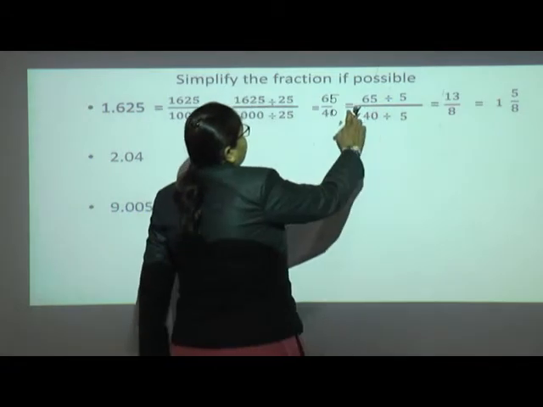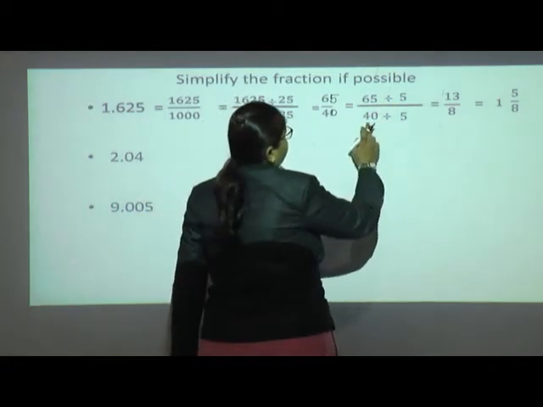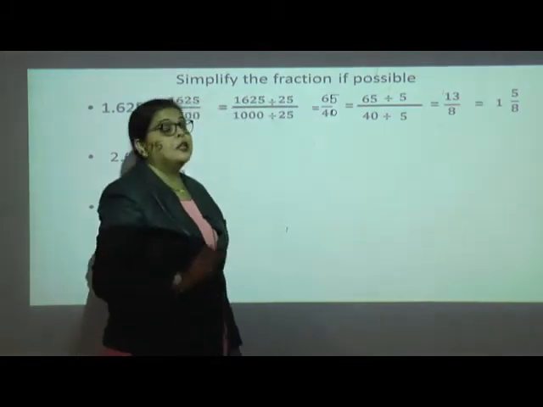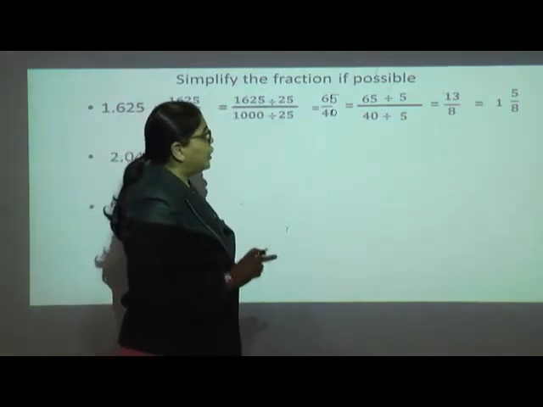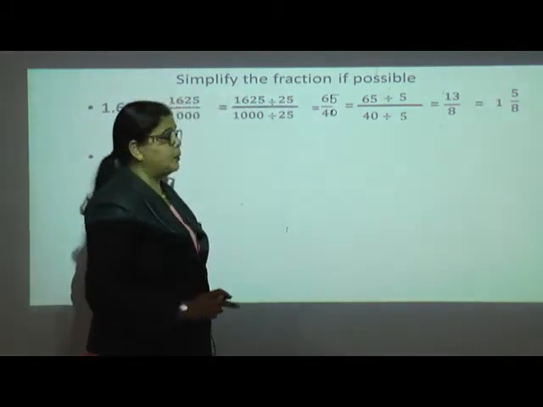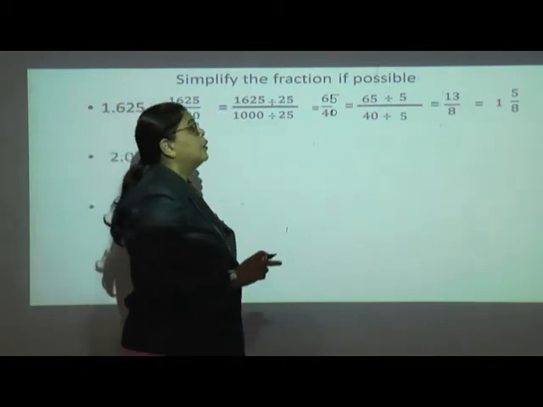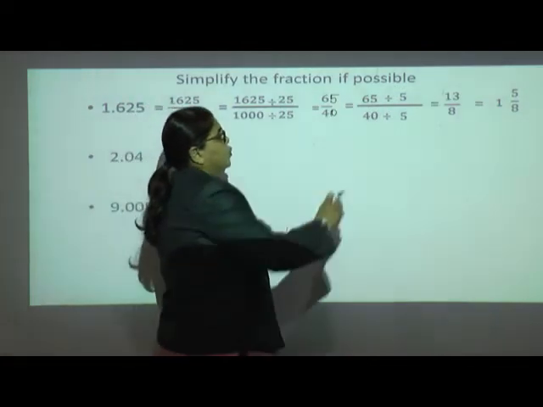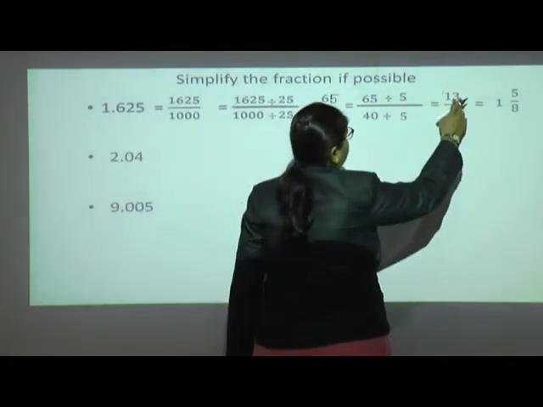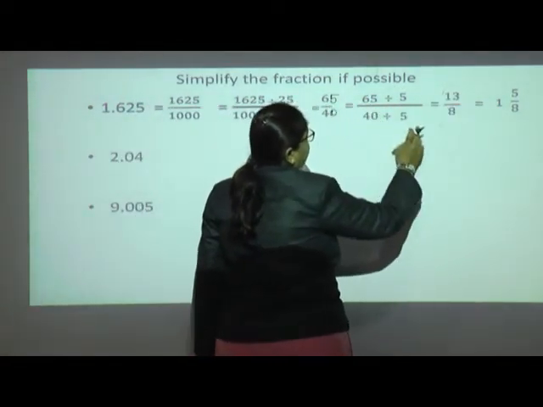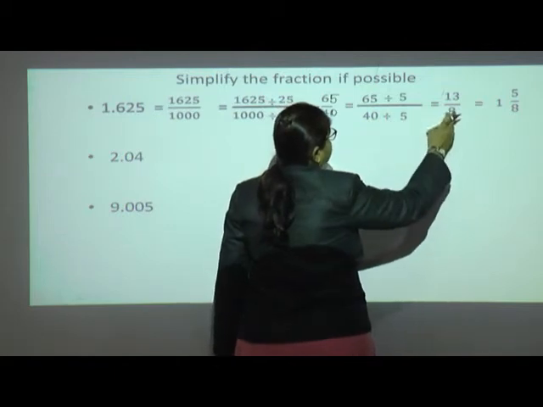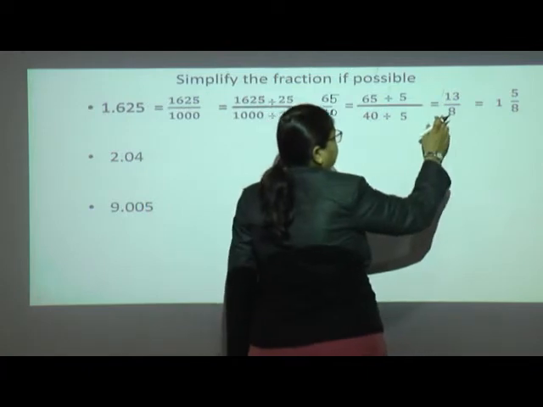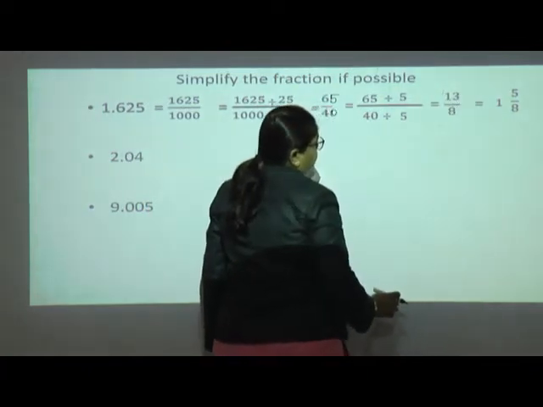So we are dividing 65 by 5 and 40 by 5. Just take care that the number which you are taking for division should divide the numerator as well as the denominator. So 65 divided by 5, you know 13 5s are 65, and 40 divided by 5 means 8 5s are 40. So we are getting the fraction as 13 upon 8.